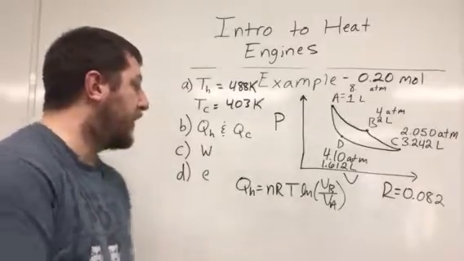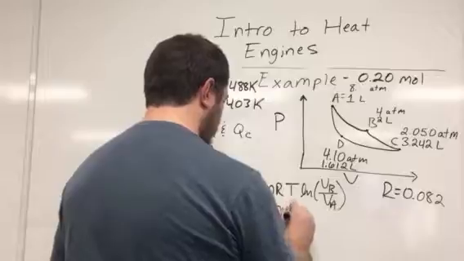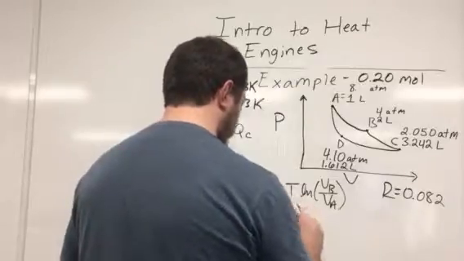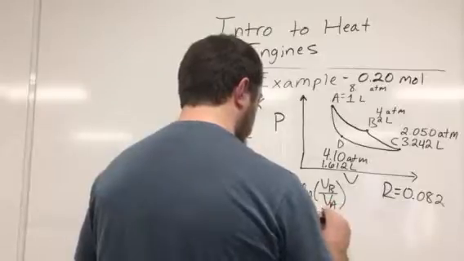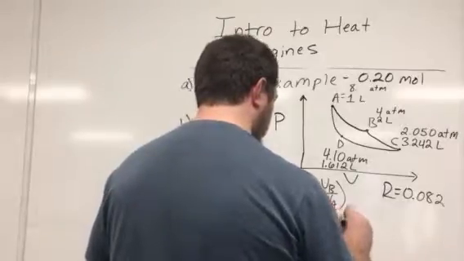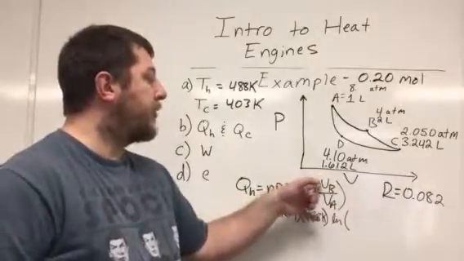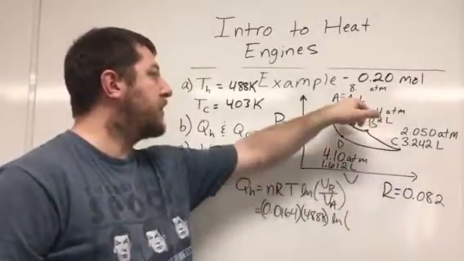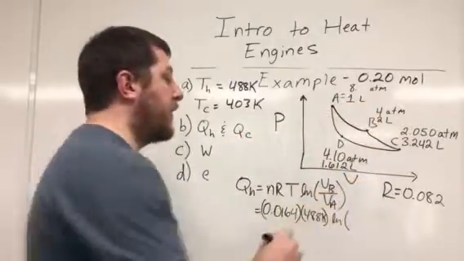And if I plug in my values here, my volume at V B is 2 liters, and my volume at V A is 1 liter, so this is going to be the log of 2.